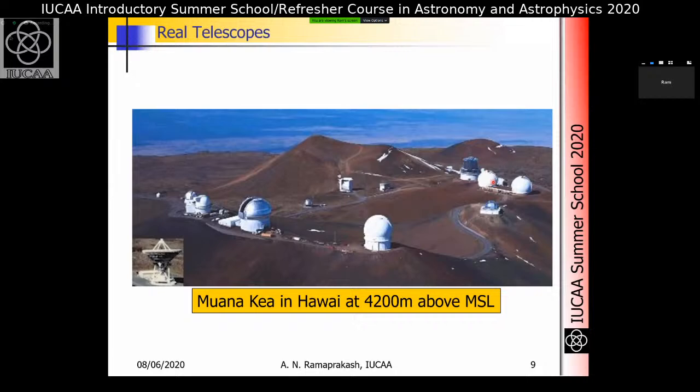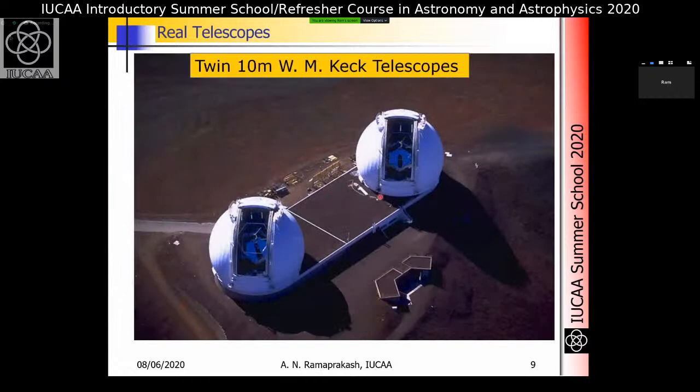This is the Japanese Subaru telescope, 8 meters in diameter, the Gemini telescope, 8 meters in diameter, and so on and so forth. Many of the largest existing optical telescopes in the Northern Hemisphere are on top of this mountain called Mauna Kea in Hawaii. This is just a close-up view of the two Keck telescopes. You can see the primary mirror of the telescope, which is 10 meters in size, each of them, and there are two of them, identical.